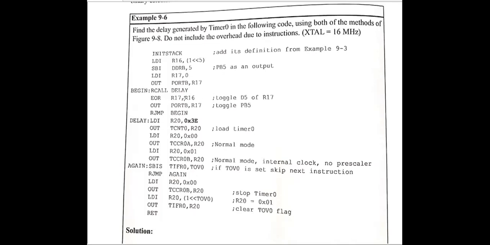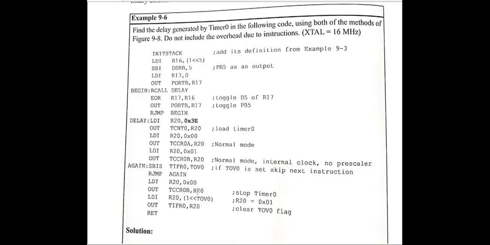EOR R17, R16 gives toggle of D5 of R16, then OUT PORTB, R17 gives toggle of PB5. Then this is TCNT0, R20, that is load Timer0. TCCR0A, R20 is normal mode, and in normal mode internal clock, no prescaler, we use TCCR0B, R20. Then TIFR0 TOV0: if TOV0 is set, skip next instruction.